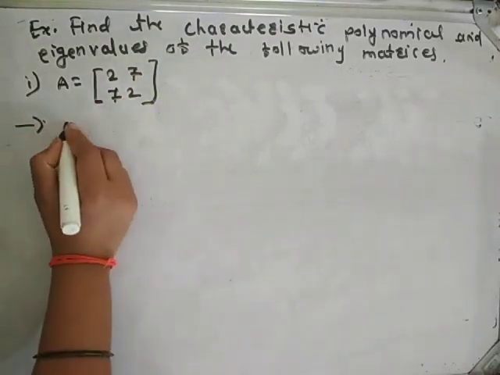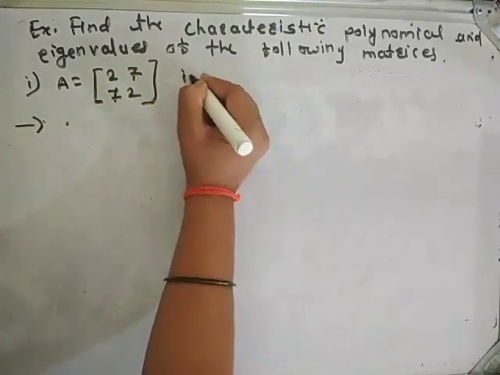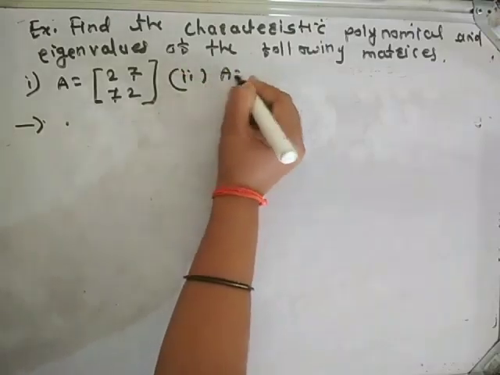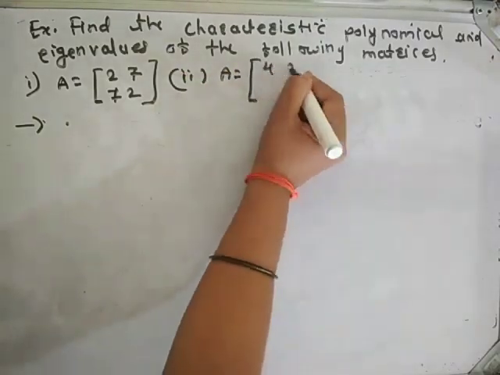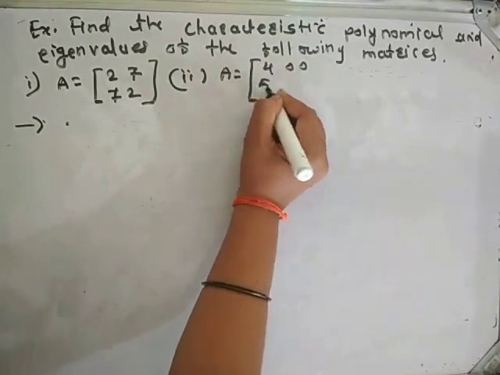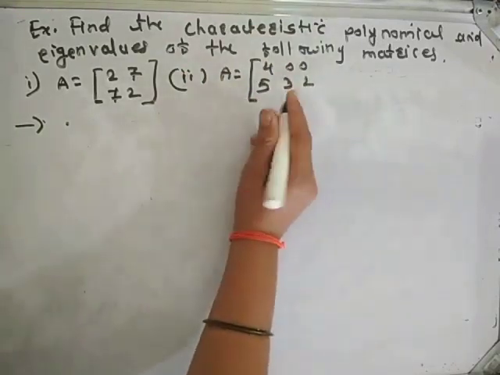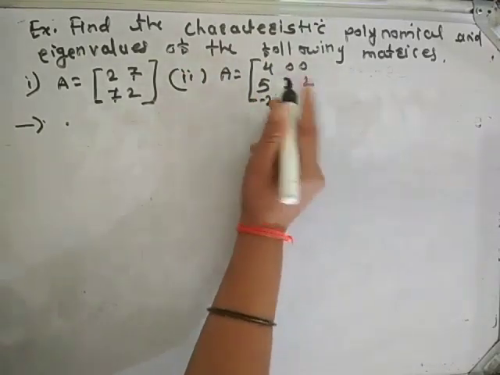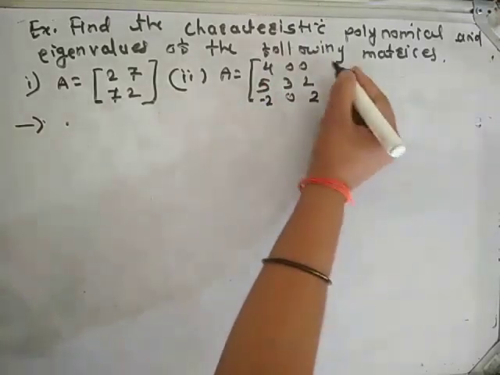Solution. Here write down the second matrix: A equals matrix 4 0 0 5 3 2 minus 2 0 2.